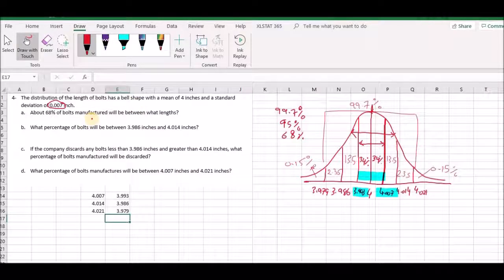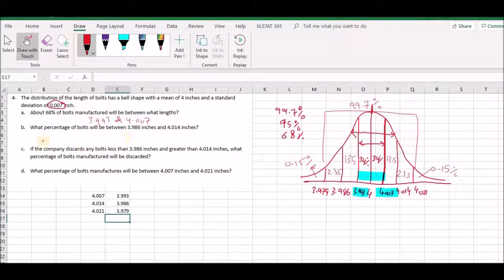So between the numbers 3.993 and 4.007. So to answer this question, I would say between the length of 3.993 inches and 4.007 is 68% of the bolts.